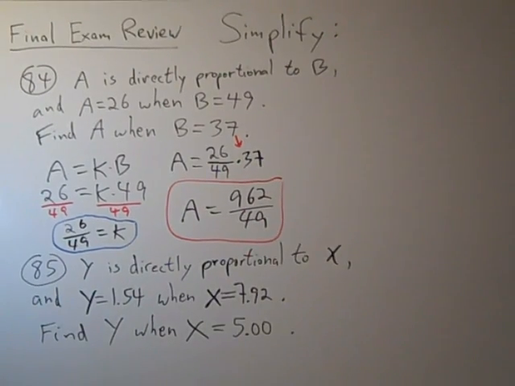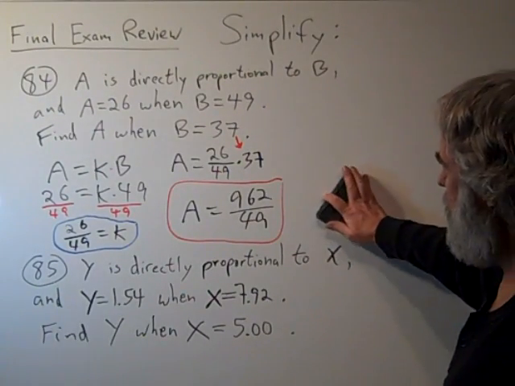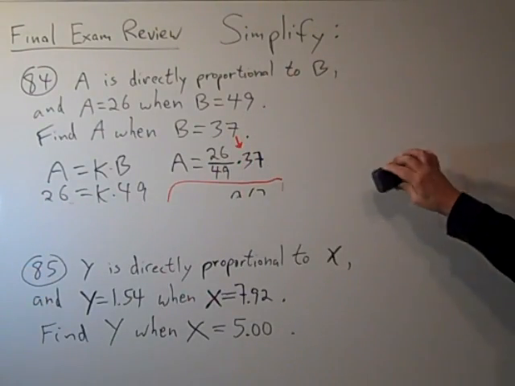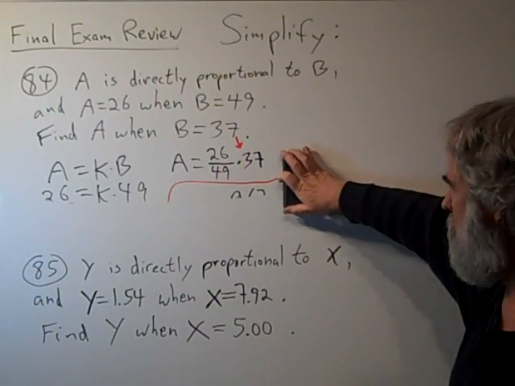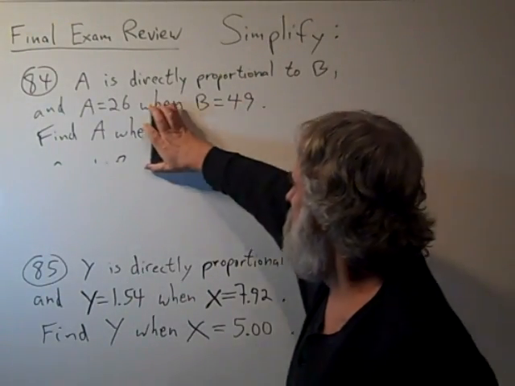Okay, now for problem 85. Y is directly proportional to X, and Y equals 1.54 when X equals 7.92. Find Y when X equals 5.